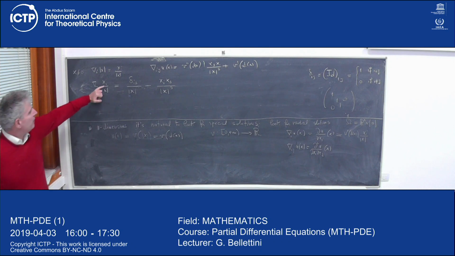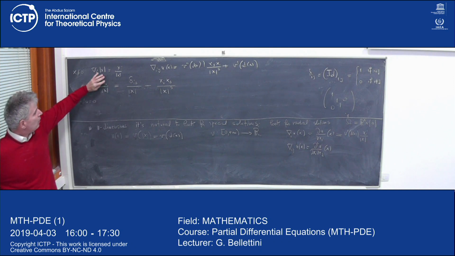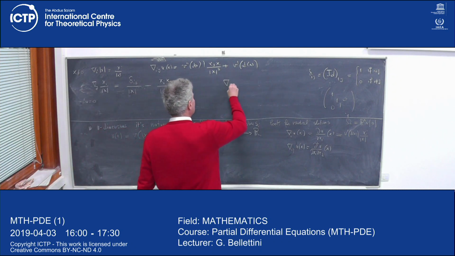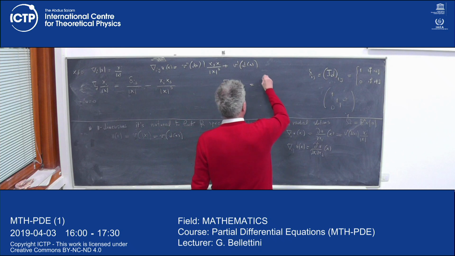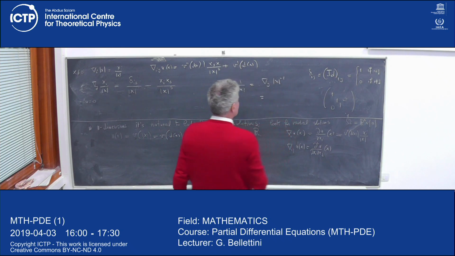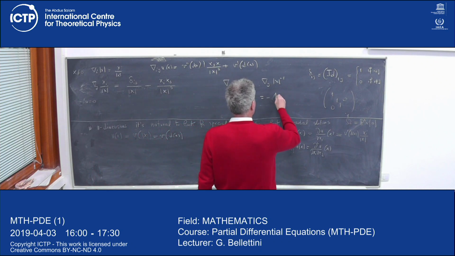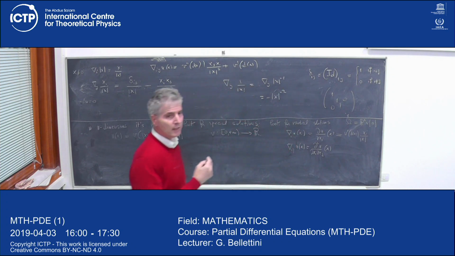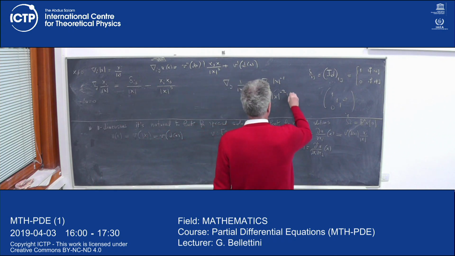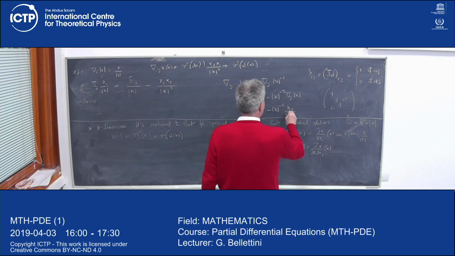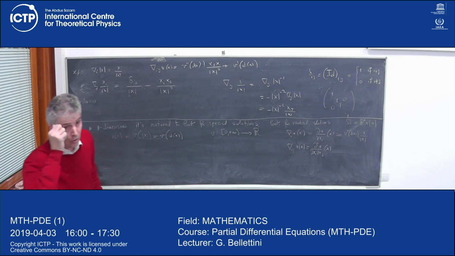So let me check. If I differentiate xi with respect to xj, I get delta ij. And now I have xi, and I have to differentiate 1 over modulus of x with respect to xj. So this is |x| to the minus 1, so this is minus 1 times |x| to the minus 2, and then the derivative of the norm, which is xj over modulus of x.